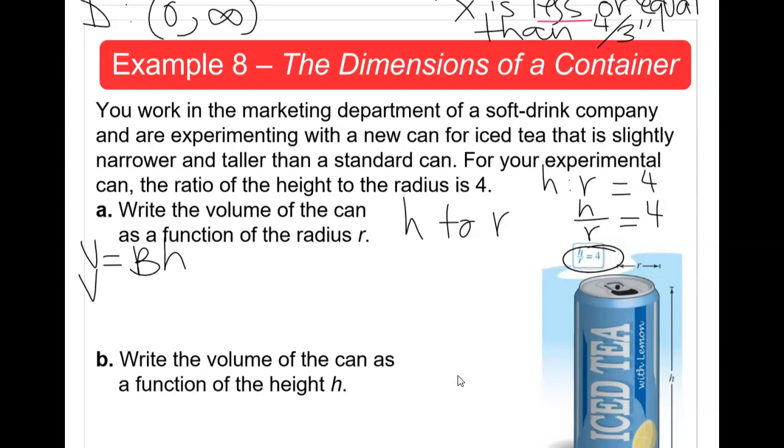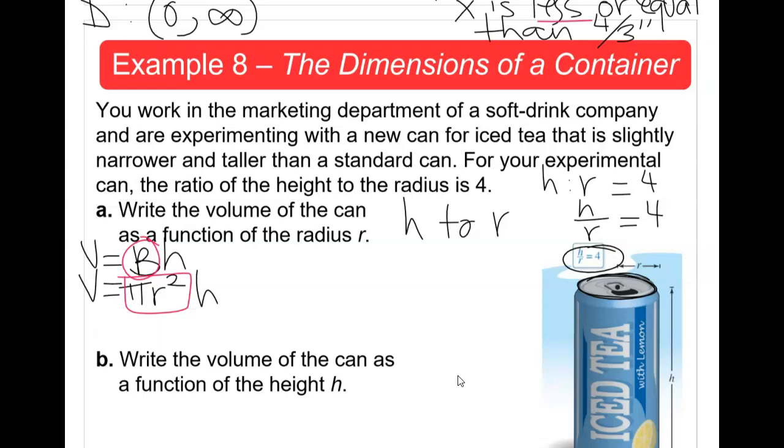Now, the base of a cylinder is a circle. And so the area of a circle is pi r squared. That is what I'm replacing the area of the base with. And then, of course, we still have h for height. So that will be our volume function.